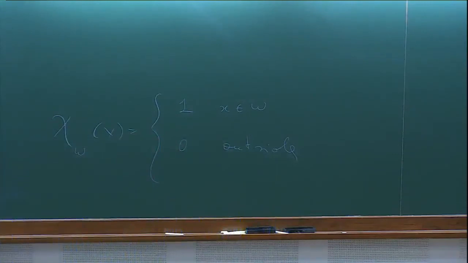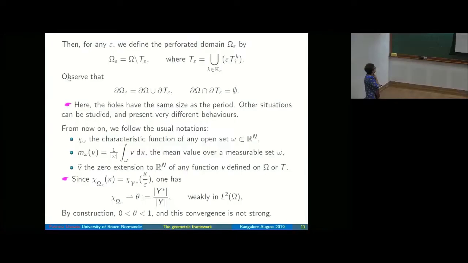And then we also define M omega, the average. This morning, Ravi discussed a lot about average. We denote by v tilde the zero extension to R^n of any function defined on omega or T.